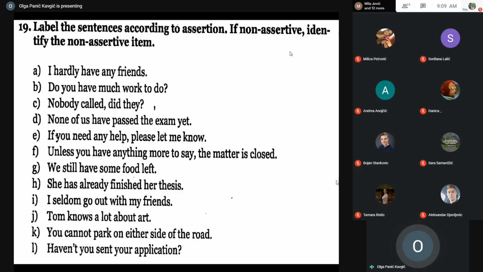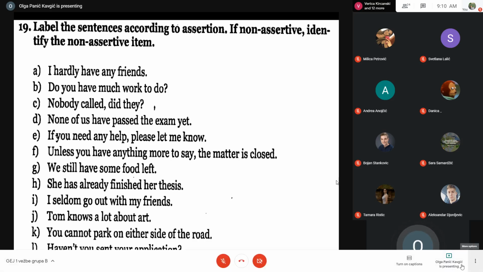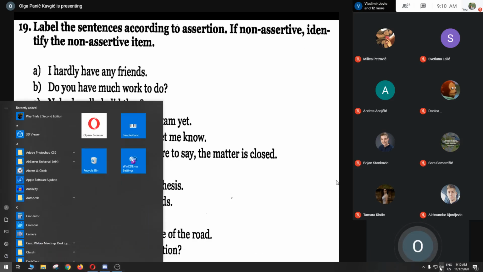There are a number of such items like hardly, barely, scarcely, seldom, okay? All of them bear a certain kind of negative implication. Okay, so this would be the theoretical reminder or introduction. And now we can move on with these examples.